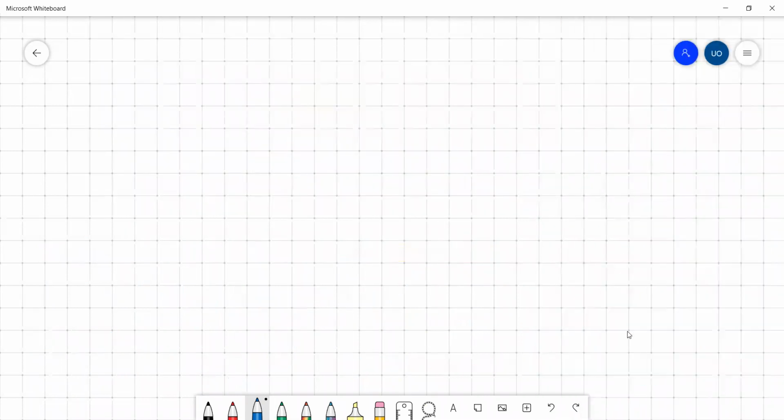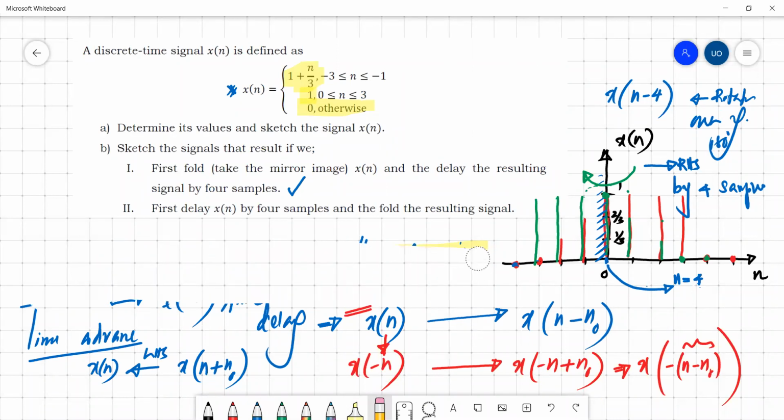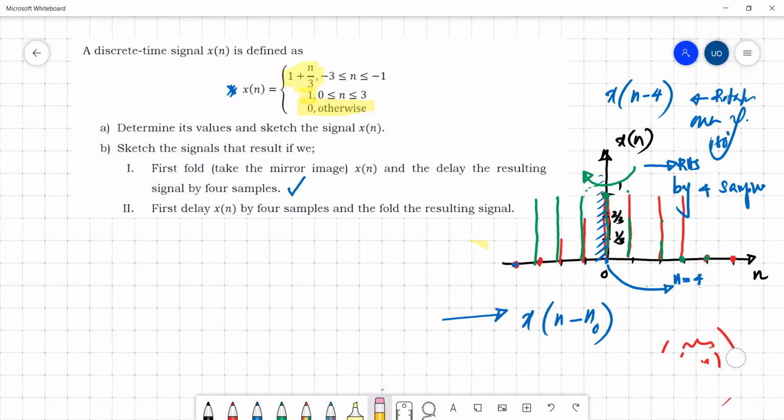So this is the simple example of how we can represent a discrete signal. If you want to represent this signal using the delta functions and unit step, we have this unit impulse function, which is defined as delta n.